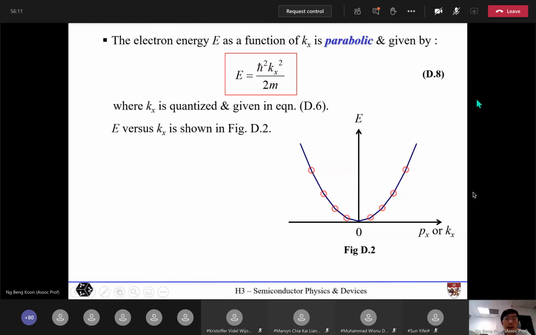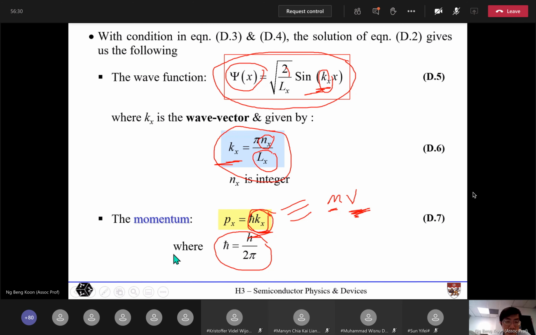And in terms of the energy, the solution you find is h bar squared kx squared over 2m, where the energy of the electron actually depends on the wave vector. And if you look at the solution for wave vector kx, it is not a continuous value, because this n here is an integer, which means that kx is also discrete.